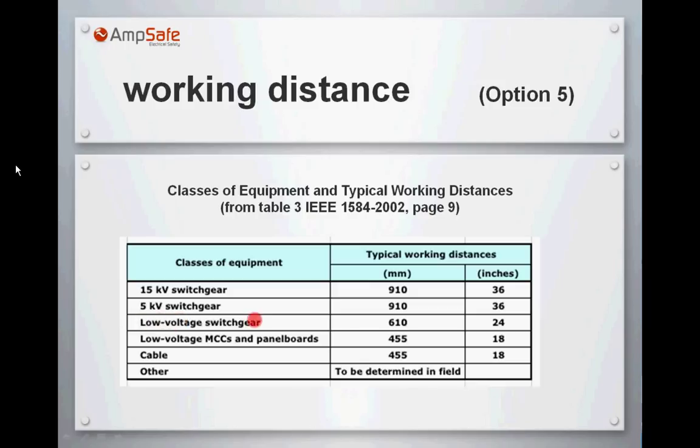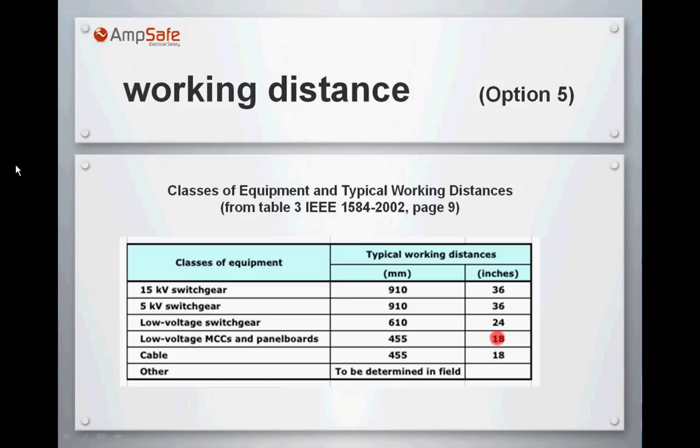Low voltage switchboard. Well, all low voltage panels, except the switchgears, are 18 inches. Interesting. So if you have a low voltage switchboard instead of a switchgear, it's going to be 18 inches.